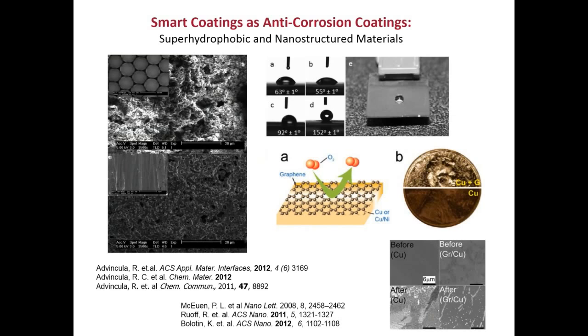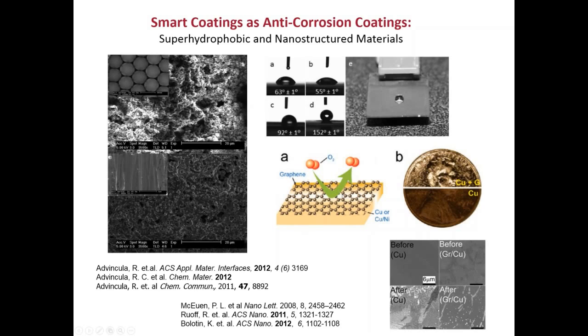For example, we published some papers where we have textured the coating using polymeric particles and a conducting polymer to have a superhydrophobic effect. And both the polarization and the impedance analysis showed that these are very stable coatings at higher temperatures and a range of pH up to 2 weeks.